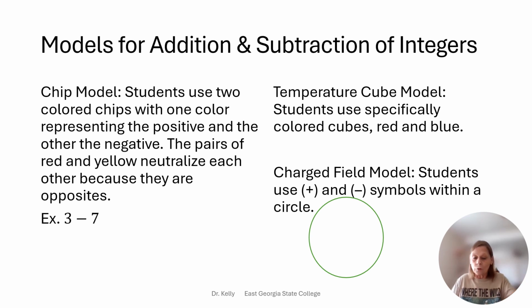Okay, so looking at this first example here, I'm asking us to do 3 minus 7. Now, the whole idea of all of this modeling, once we've introduced negative numbers, is neutralizing pairs. So keep in mind that every plus will cancel one minus, and the other way around, every minus will cancel one plus.